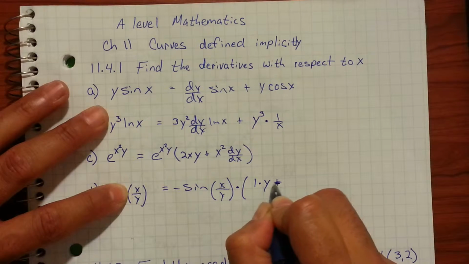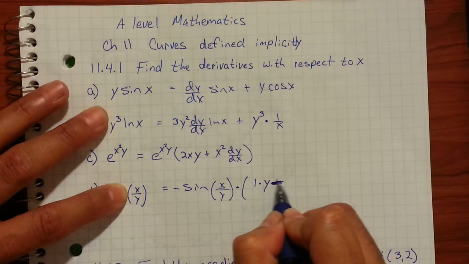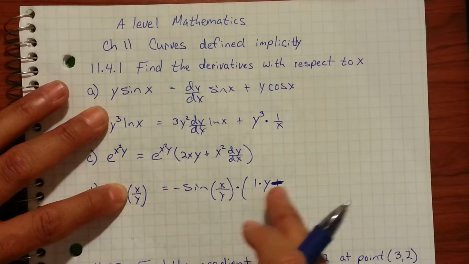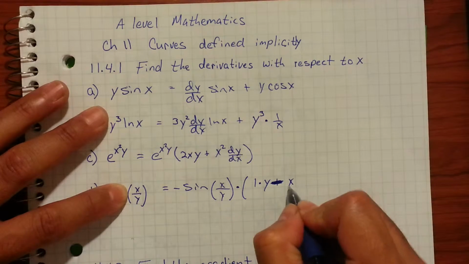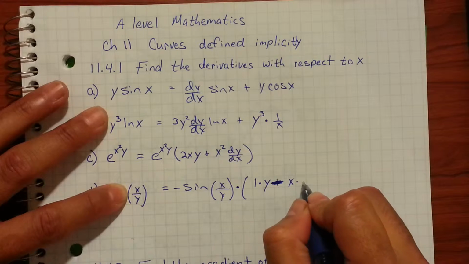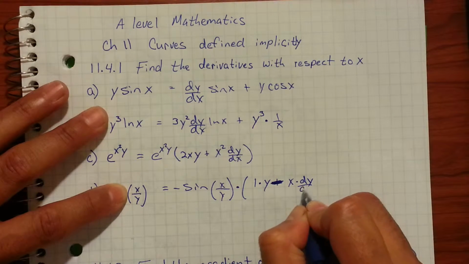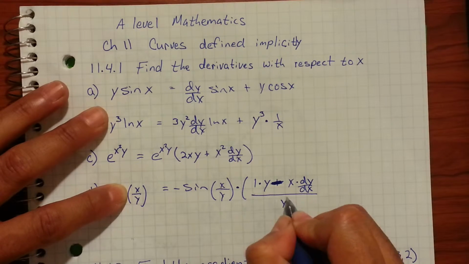Minus, oh wait, sorry, that's a minus sign right there. Big minus sign. Alright, so minus, and then right here it's going to be x times the derivative of the y, which is going to be dy/dx. All this is going to be over y squared.